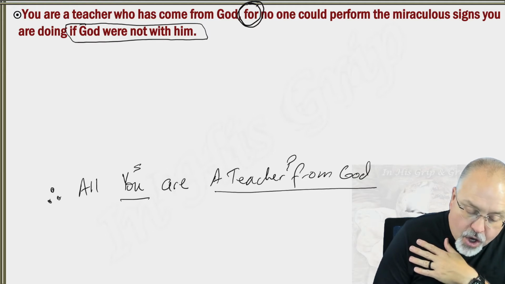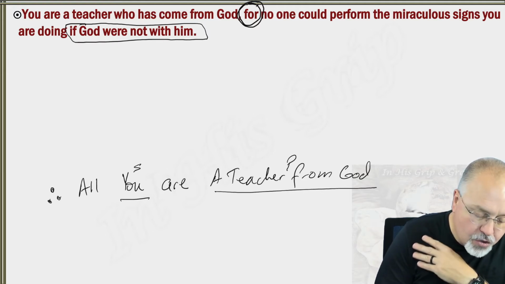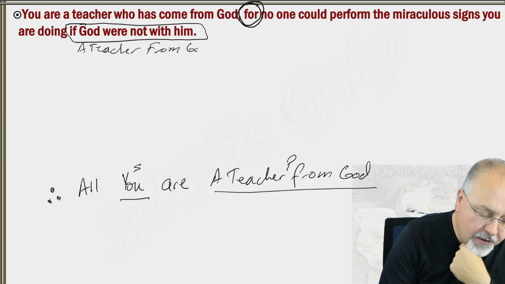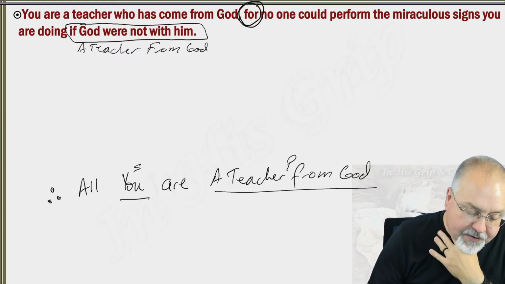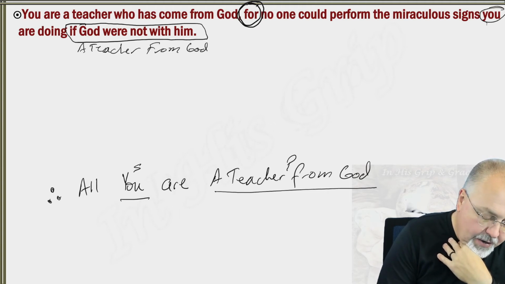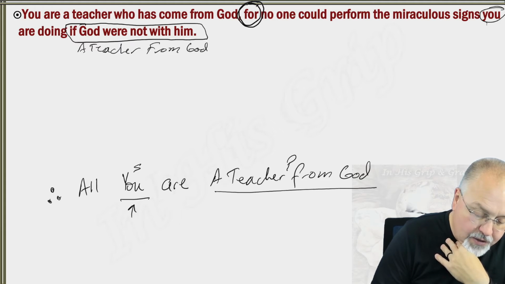Now we're going to assume that God with him and a teacher from God. Or you have to ask yourself, is that the same thing? Now we have you, all you, and so this is probably going to be our minor premise because you is our minor term.